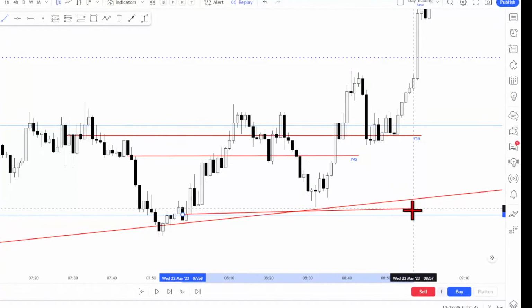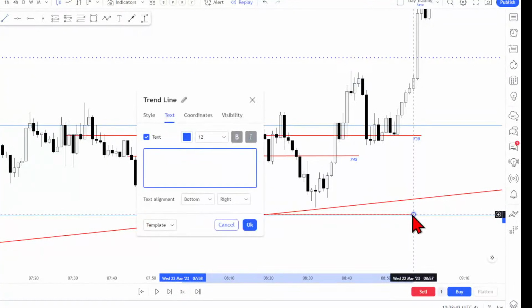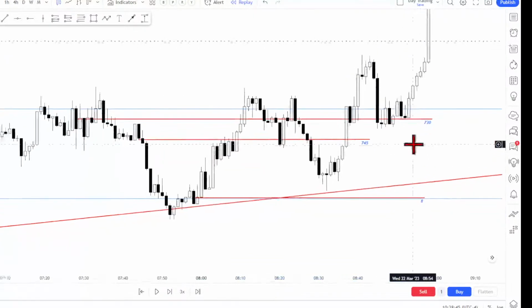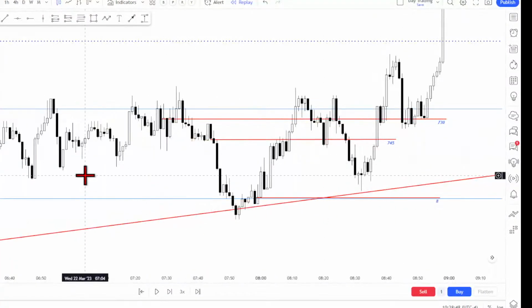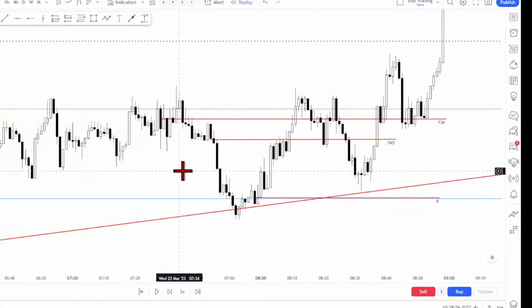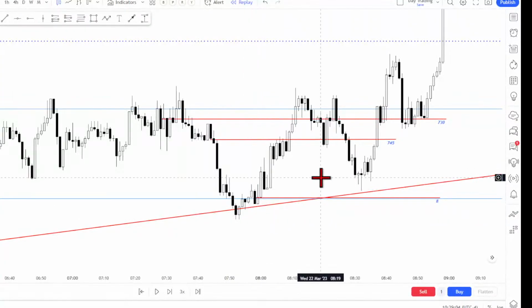8 o'clock. And where is the low of 7 o'clock? I think 7 is up here somewhere, isn't it? 8 o'clock opened up back inside of 7.